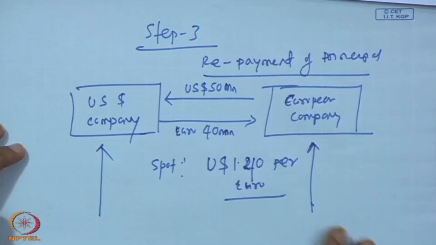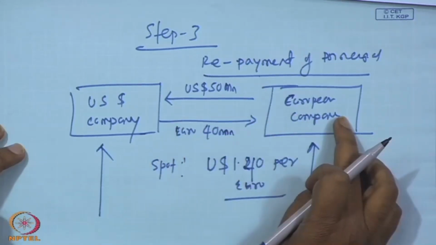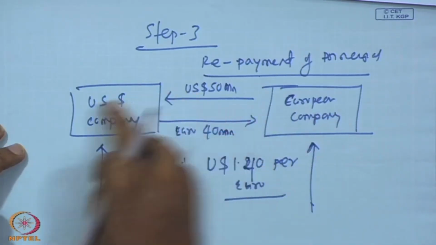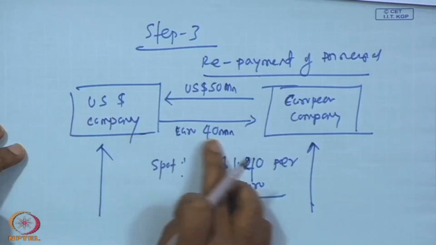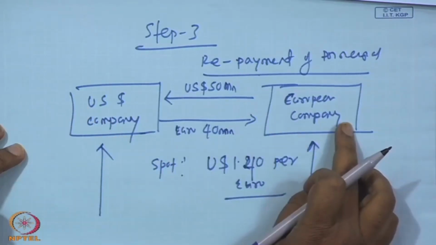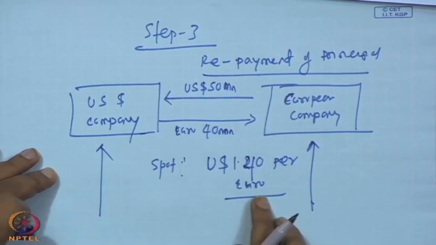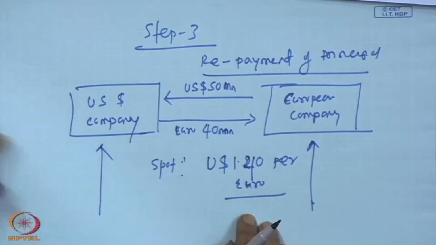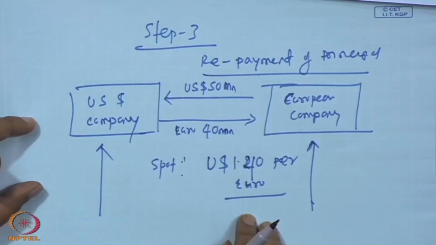What does it mean? The European company will pay 50 million dollars to the US company, and the US company will repay 40 million euro to the European company at the current transaction rate of 1.40 dollar per euro.